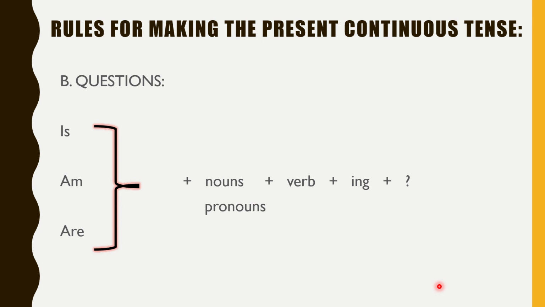Number 2, questions. When we have sentences that ask a question, then we use is, am or are at the beginning. To that, we add a noun or a pronoun. To that, we add an action word plus an ing plus a question mark at the end, like so.